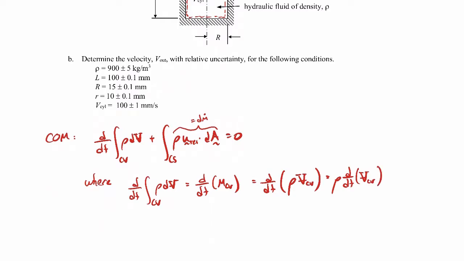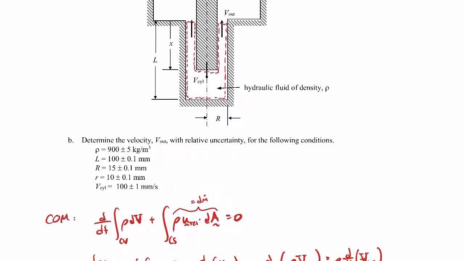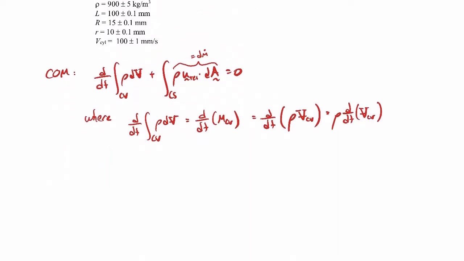So now I have the time rate of change of the volume of the control volume. And so when I look at that, the way I can write the volume is it'll be the volume of this big cylinder based on the outer radius, capital R, and then I'll subtract out the volume of this inner cylinder. So let me write that down.